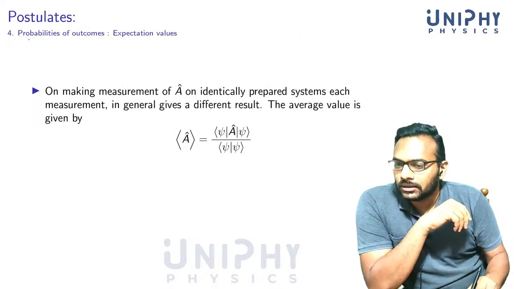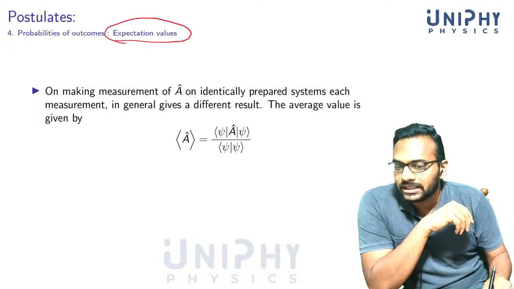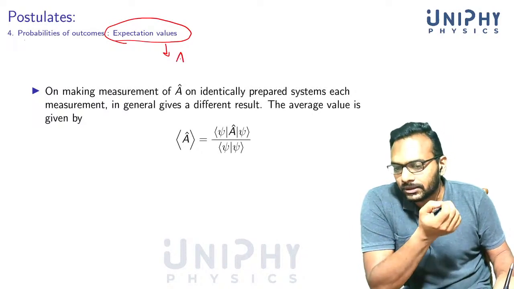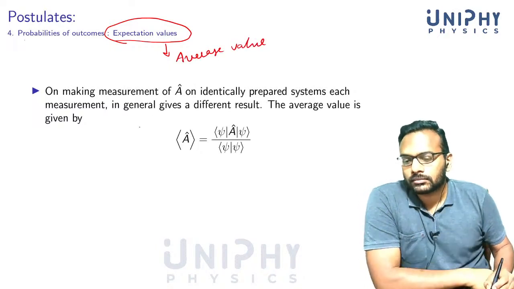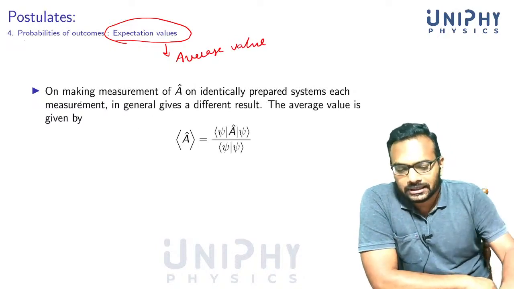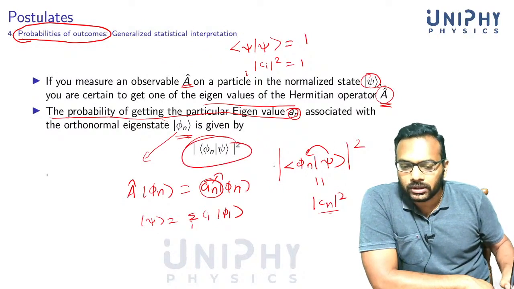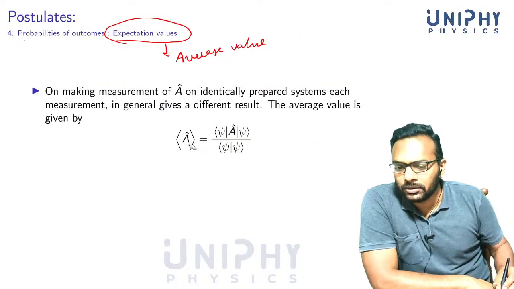Now there's one more thing regarding the probabilities of outcomes. It's known as expectation values. Expectation value, as we said, is synonymous with the average value. If these are the probabilities, then the average value is given in this manner.